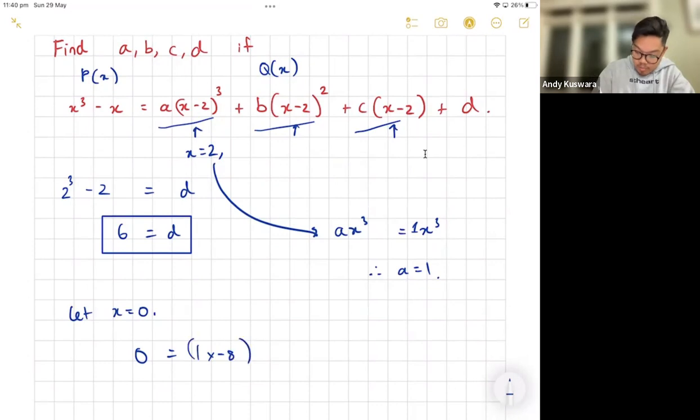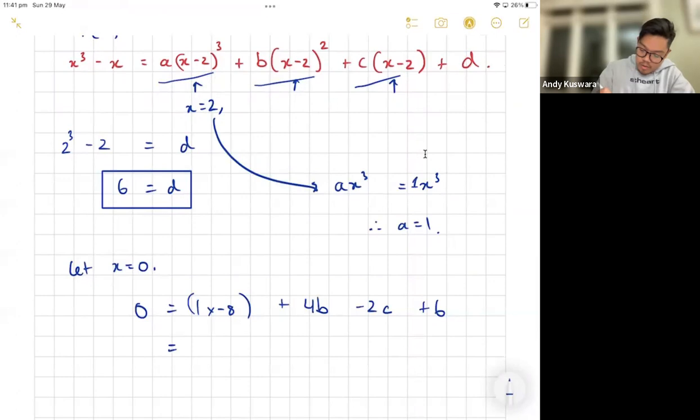And then it's going to be plus b times 4, so plus 4b. And then substituting 0 for this one is going to be minus 2c. And we found out that d was 6, so it's just going to be plus 6.